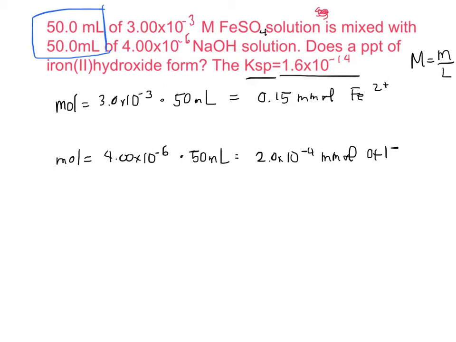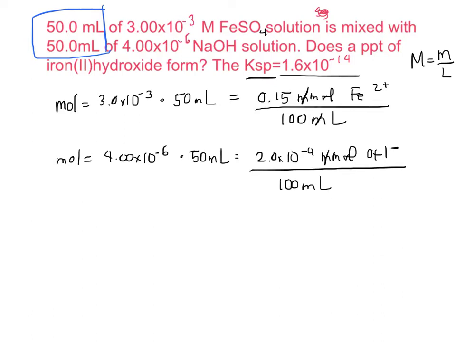Moles over liters. Since I have moles right here, I'm just going to divide it over milliliters this time. I'm going to keep that milliliter in here, then I can cancel out milli and milli. I'm going to do the same thing over here. Divide that by 100 milliliters, cancel milli out.